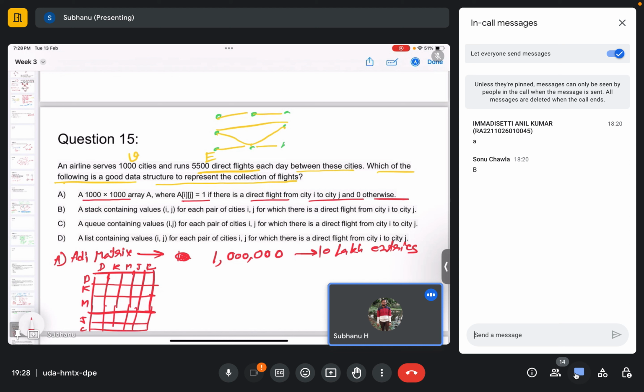If there is a direct flight from Delhi to Kolkata, you will have 1, and the rest are zeros. Now if we also have a direct flight from Delhi to Chennai, you will have 1 there too, rest are zeros. Like this you have to fill it. So this will be your representation of the data. But in this scenario you have 10 lakh entries.